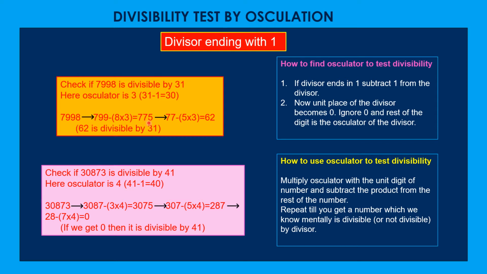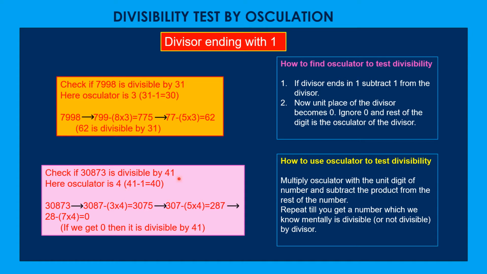Then again the unit digit 5 is multiplied with your osculator, that is 3. 5 times 3 is 15. 15 is subtracted from the rest of the digits, that is 77. You get 62. Now you can see here that 62 is divisible by 31. So your number 7998 is also divisible by 31. Let us take one more example.